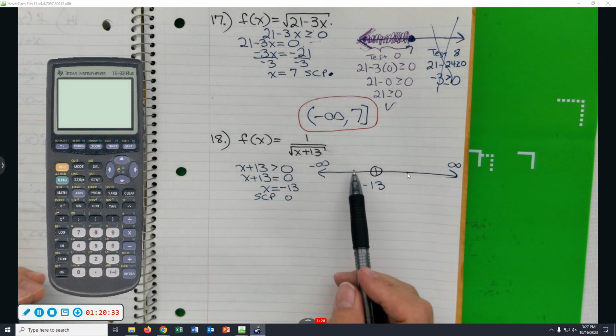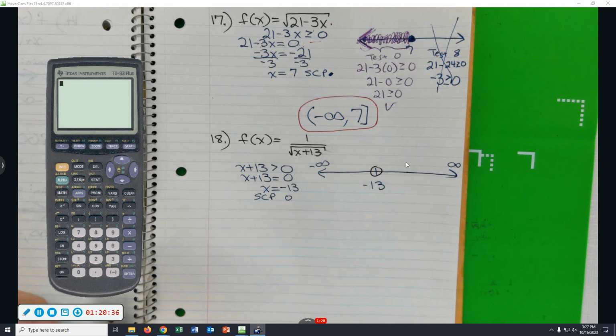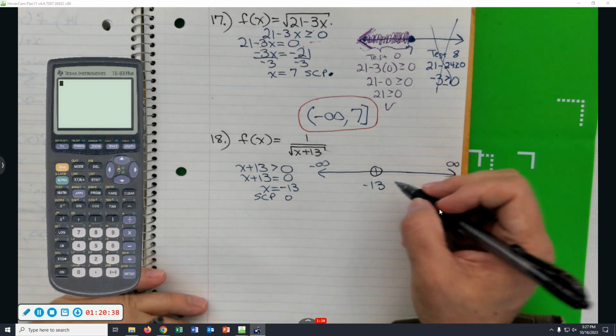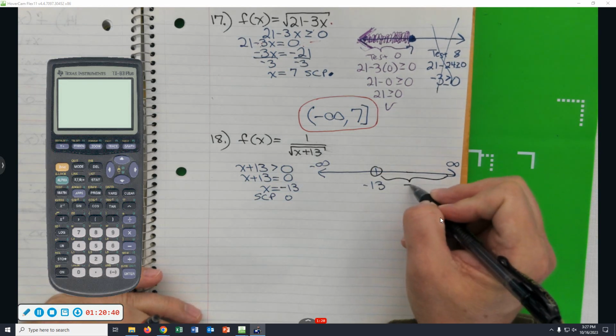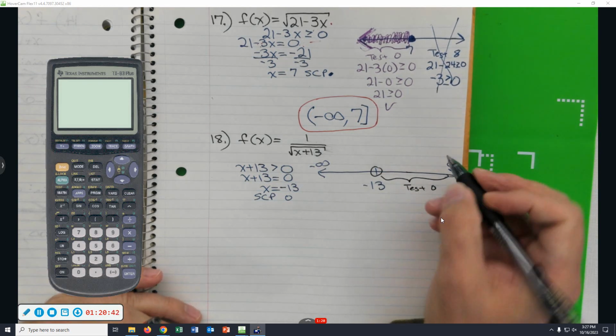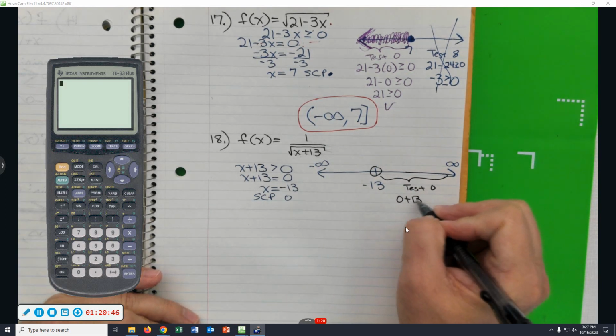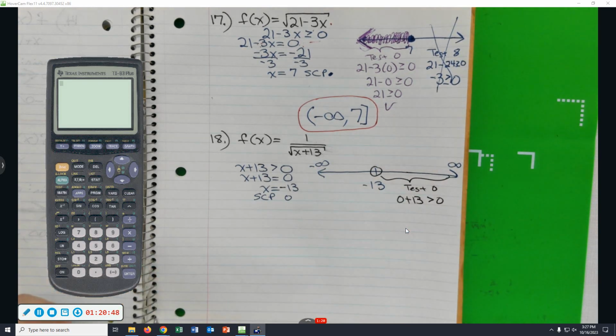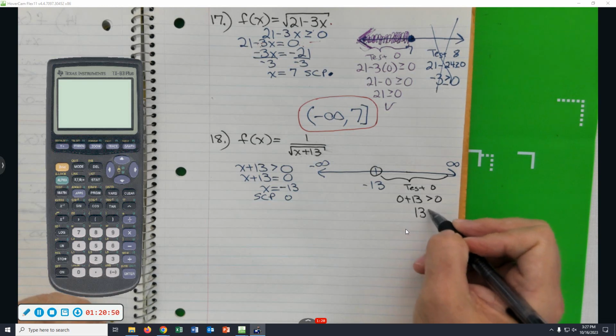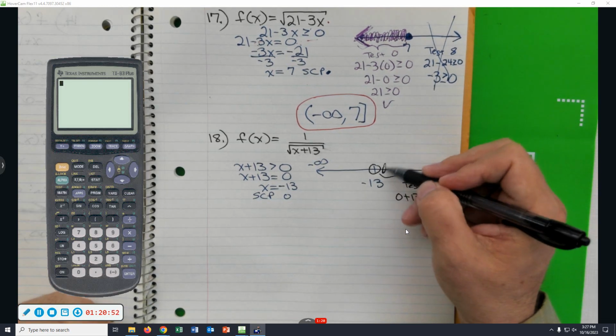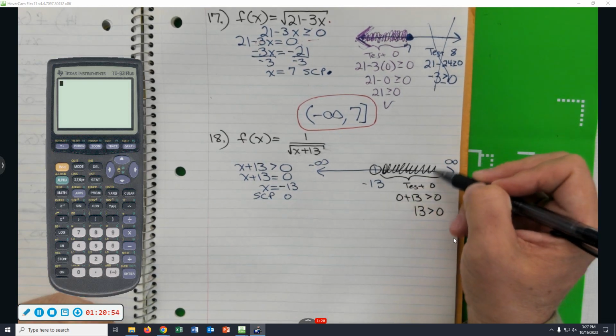Which interval contains 0, the left interval or the right interval? Right, so we're testing 0. We get 0 plus 13 is greater than 0. True or false? True. So we shade this interval.